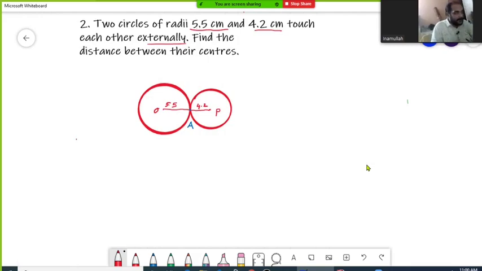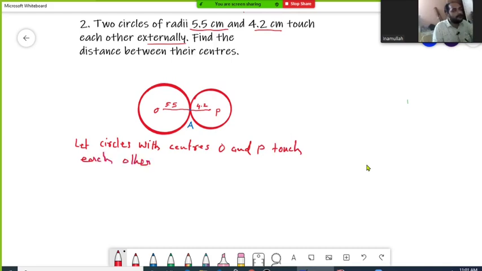So I'll write, let circles with centers O and P touch each other in point A externally.